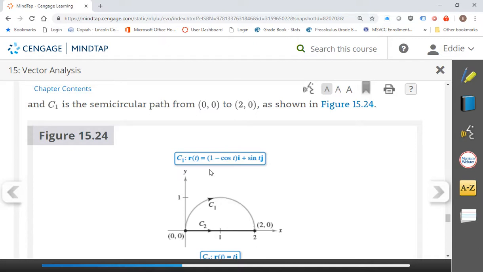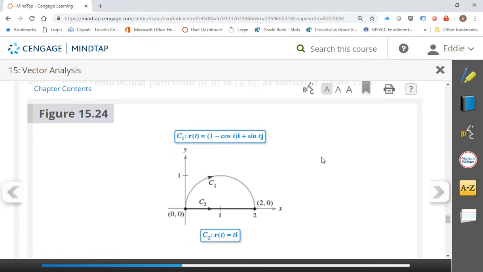Well, to write a semicircular path, this is the way it has to be written, because you're going in a circular motion. All right, so it's 1 minus cosine t i plus sine t j.